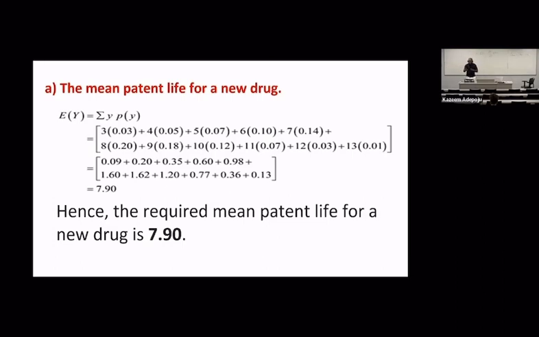Some patients will have theirs be less than 7.90. Some will have theirs be more than 7.90. And if I now want to know, on average, how far apart the respective observations are from 7.90, then I need a standard deviation.